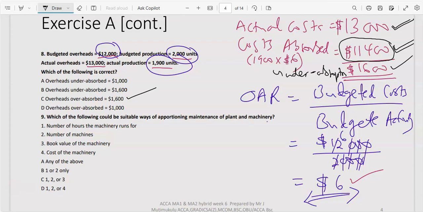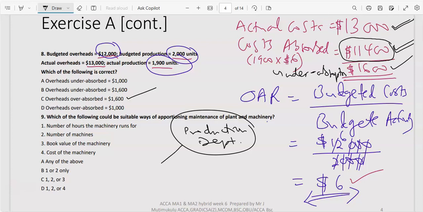A production department can then have sub departments, like for example welding, assembly department, and so forth, maybe fittings, whatever.